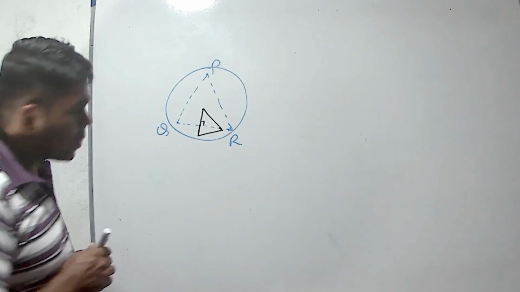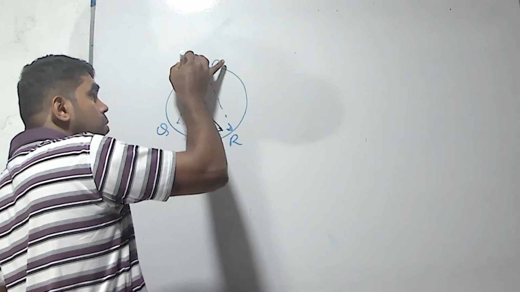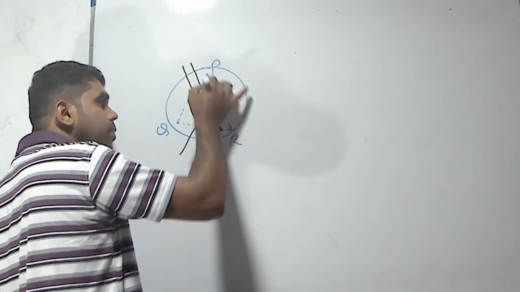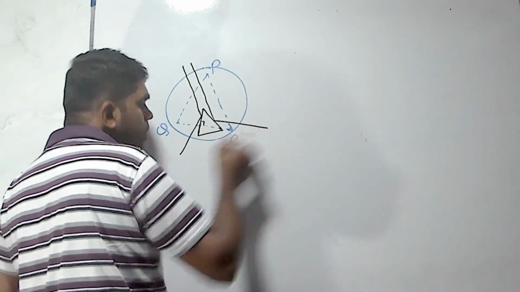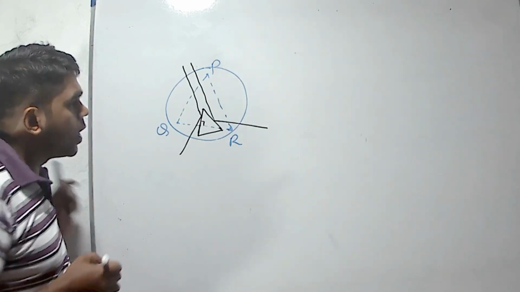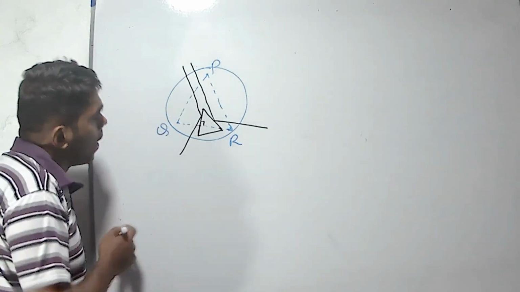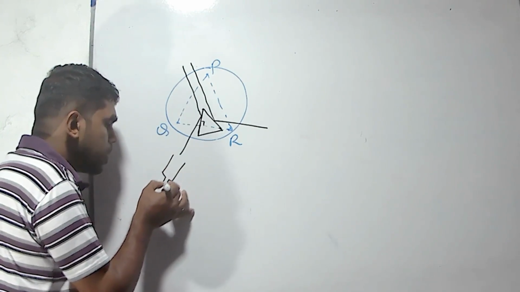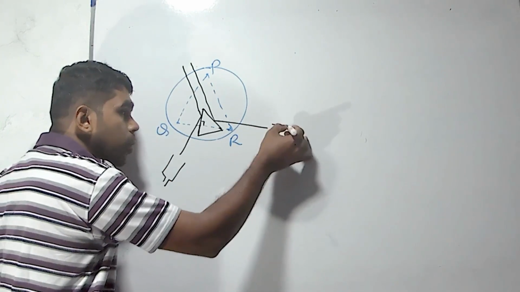And we can use partially reflected rays to obtain 2 situations corresponding to the telescope. This is the telescope. There are 2 positions.